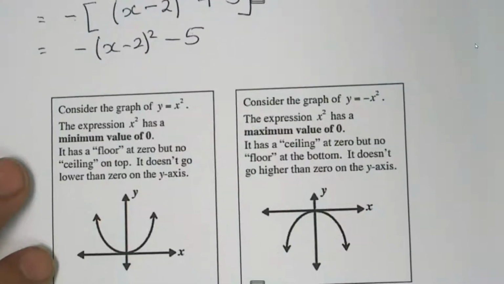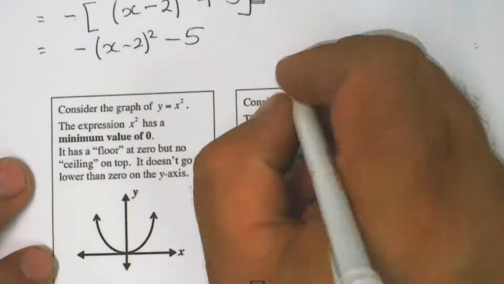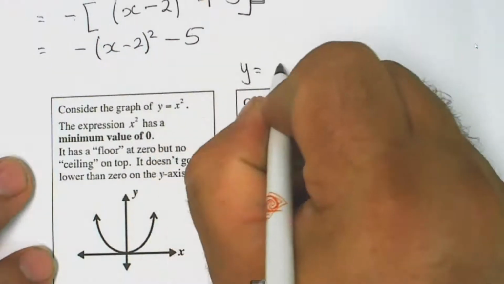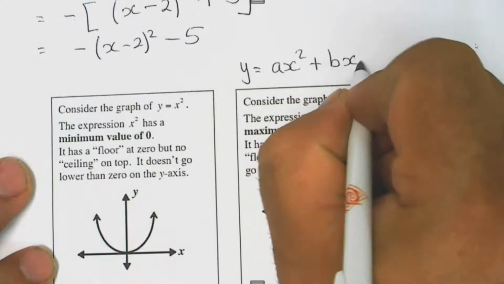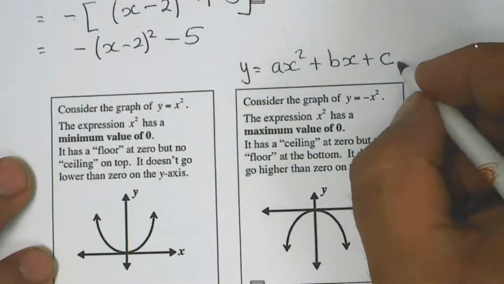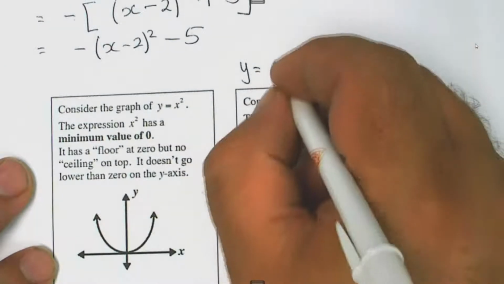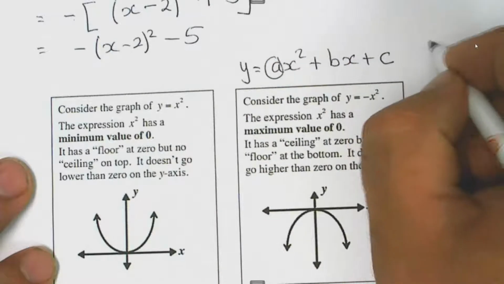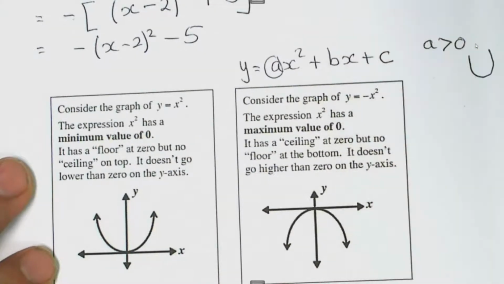Now what's very important is that if you've got the graph of y = x², the general equation of the parabola is y = ax² + bx + c. That is the general form of the parabola, and that is the equation that you learn in grade 11. If this a value is positive, the graph is arms up.